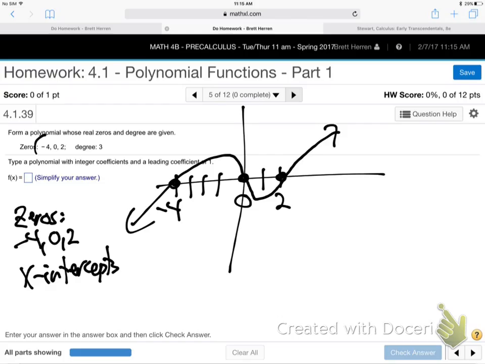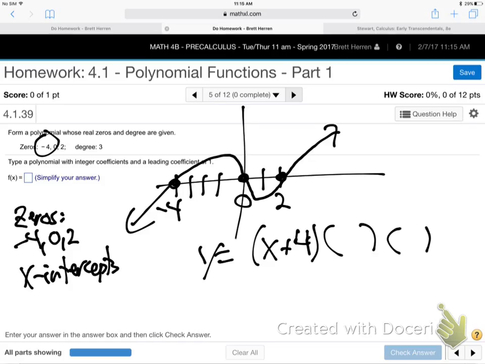Like the -4, let's just start with one of them, the -4. Doesn't that mean you need x plus 4 in your equation? Why? Y must equal x plus 4, and then some other stuff also. But one of the pieces, multiplied pieces, factors is the technical math term for multiplied pieces. One of the factors must be parenthesis x plus 4.